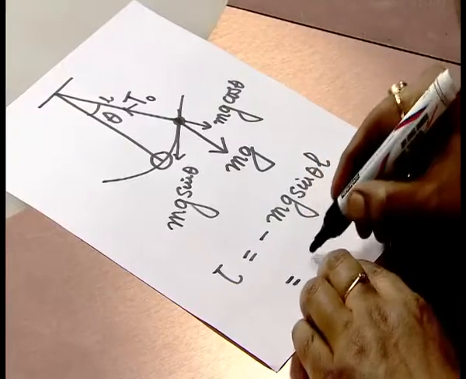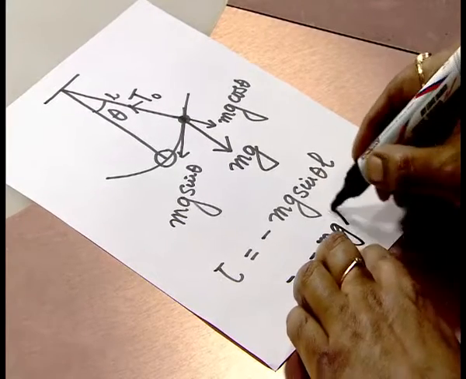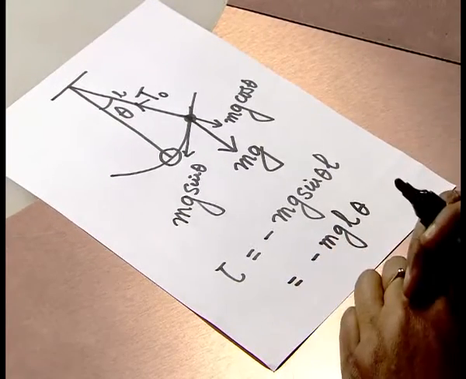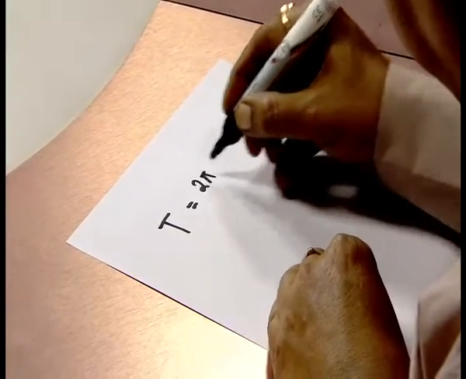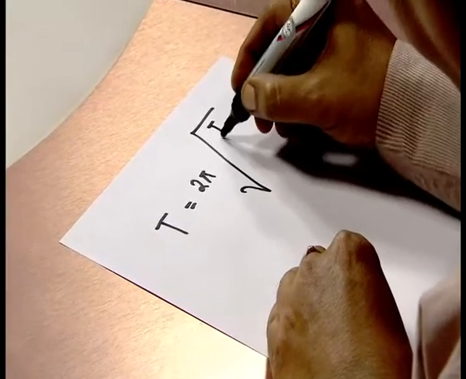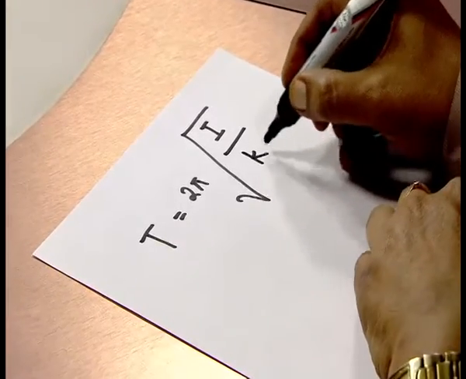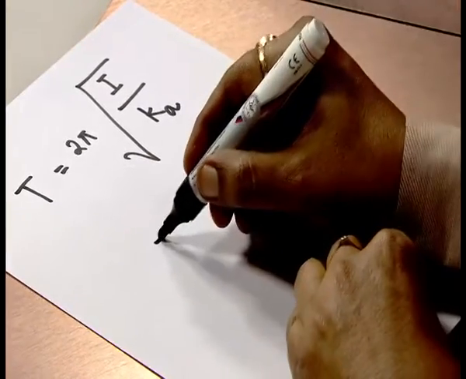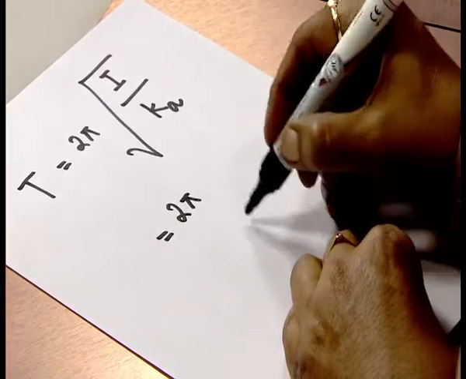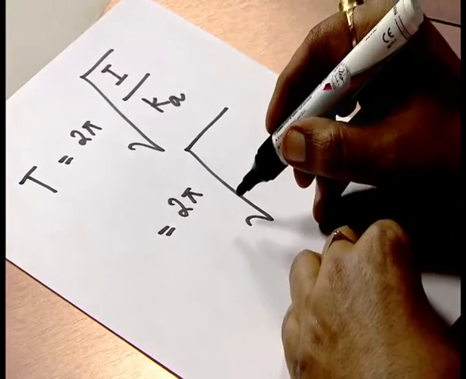So, that sin theta can be replaced by theta, and so we write this as minus mgL into theta, and the torque constant is now equal to m into g into L, and so the time period is equal to 2 pi root over of I by the torque constant, and you are very much aware that I in this case is the moment of inertia of the point mass, which is at a length L from the axis.